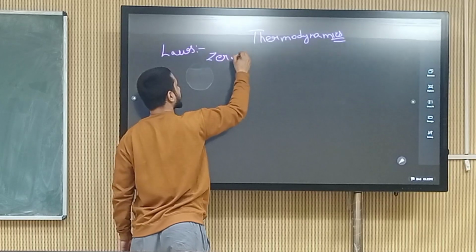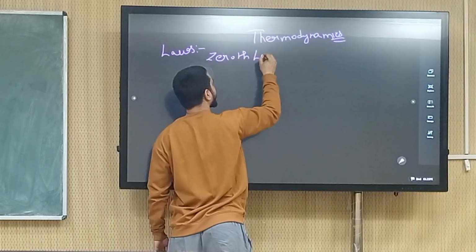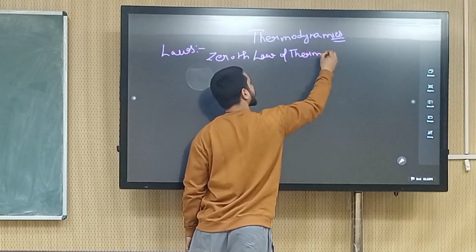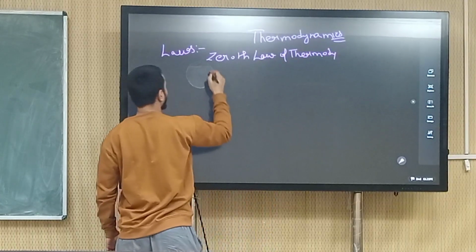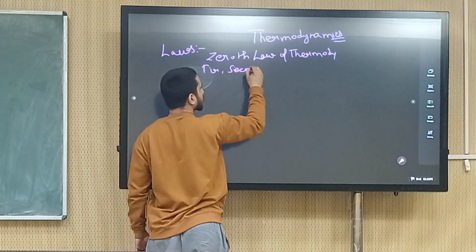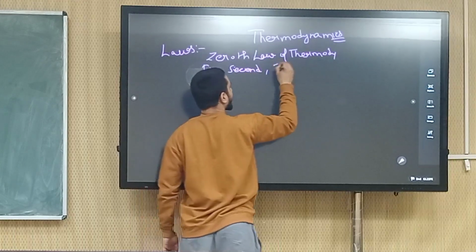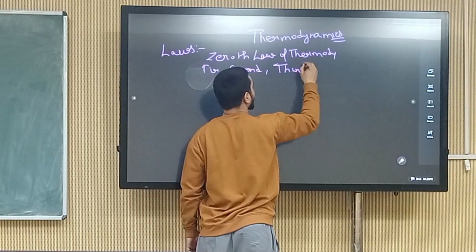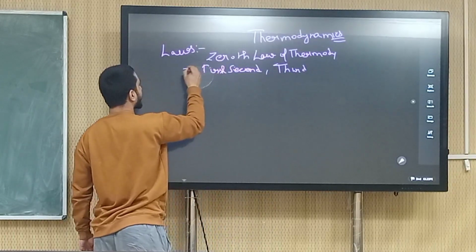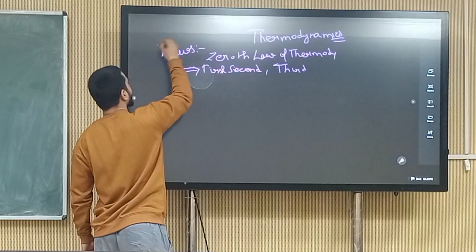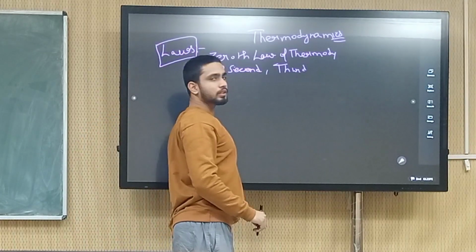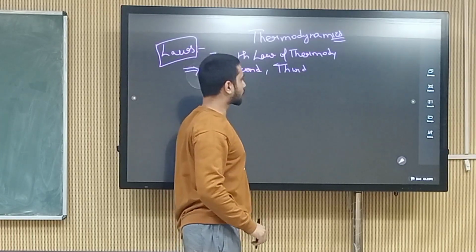This is not counted, but we will see it. Second is the first law, second law, and third law. So there are three laws in thermodynamics: first law, second law, and third law. In detail, we will see what each of them is.